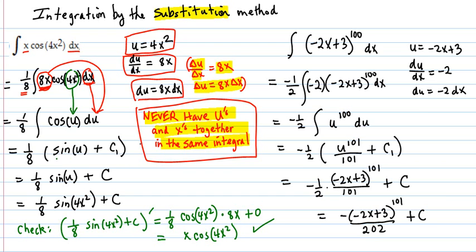Then you perform the antiderivative. So antiderivative of cosine u is sine u plus a constant. Now I'm calling it C1, which is just a trick of the trade, because when you multiply in the 1/8 to the sine, you of course get this part.